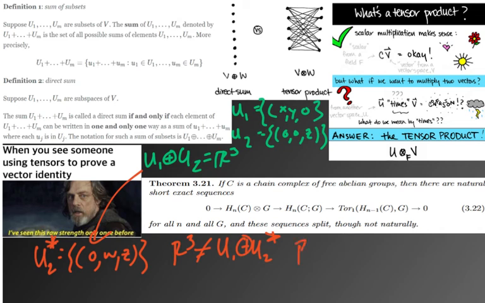I can say R3 equals U1 plus U2 star, but it's not unique, because (1, 1, 1) can equal (1, 1, 0) plus (0, 0, 1). This is such hard mental math for me.